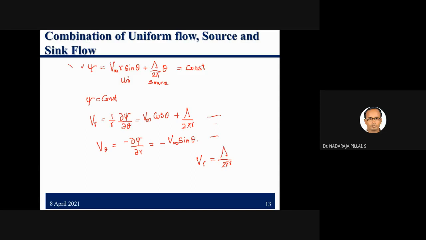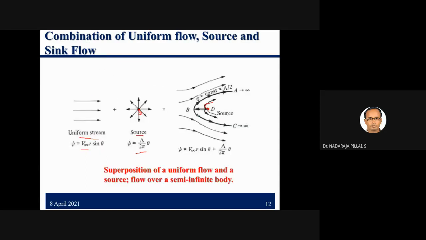So here, at this point where the uniform flow will come and hit, it stops and then diverts into two portions. This is an important point, which is called a stagnation point, right?